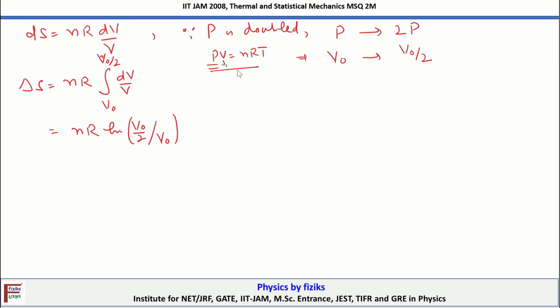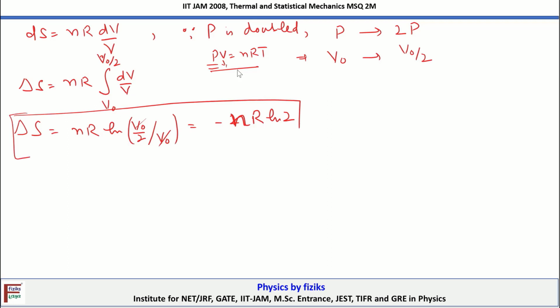After solving, the V0 and V0 cancel with each other, so we have ln 1 by 2, which gives minus nR ln 2. That's the change in entropy of the gas when its pressure is doubled. So this example also highlights the importance of the Maxwell relations in evaluating the corresponding entropy change in certain situations.